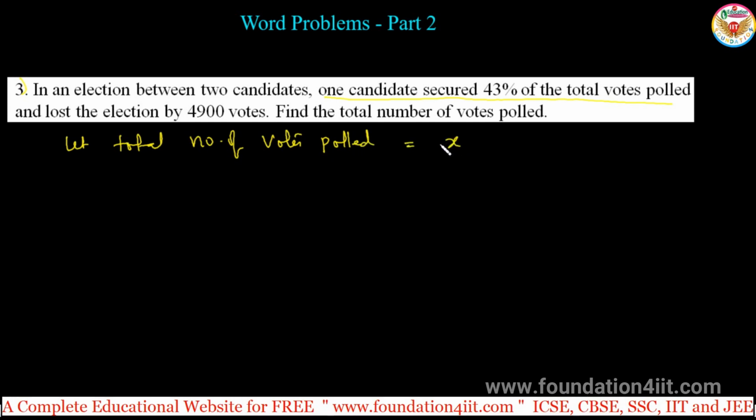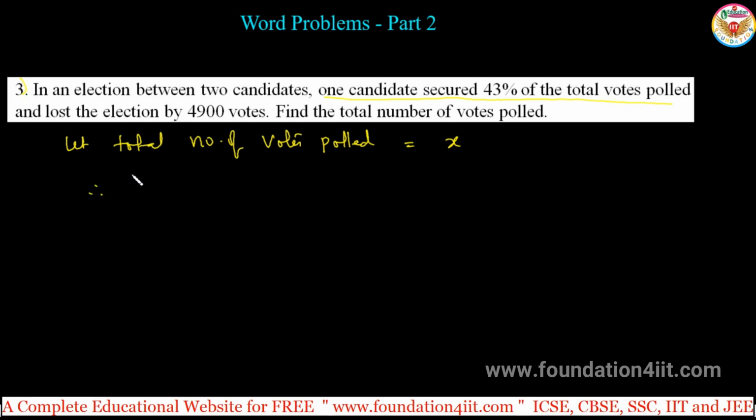be X. Now in this problem, one candidate secured 43% of the total votes but lost the election by 4,900.